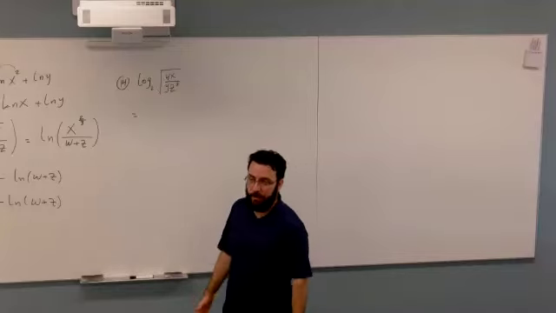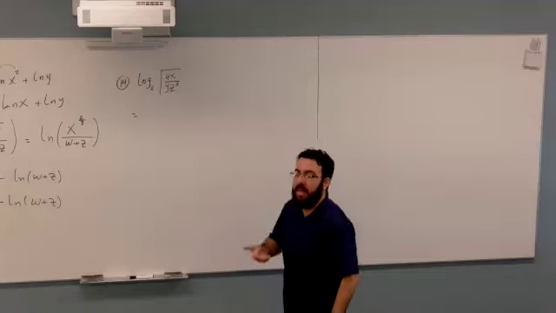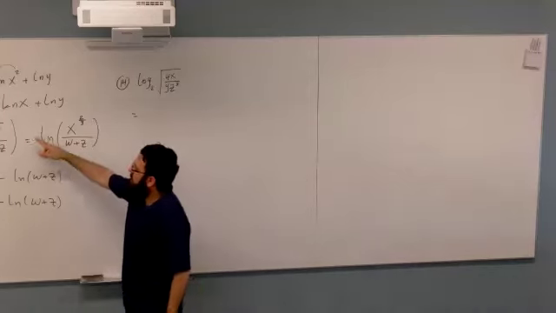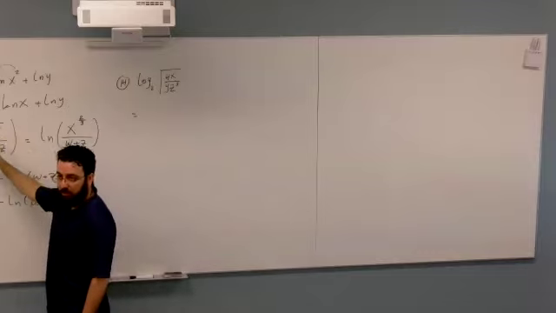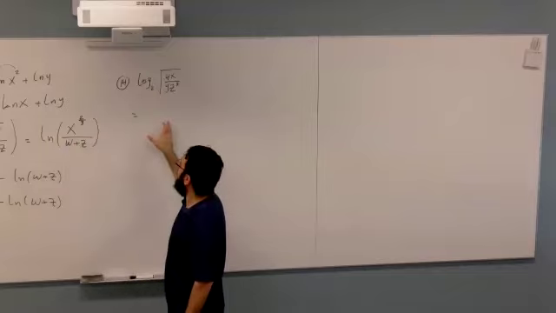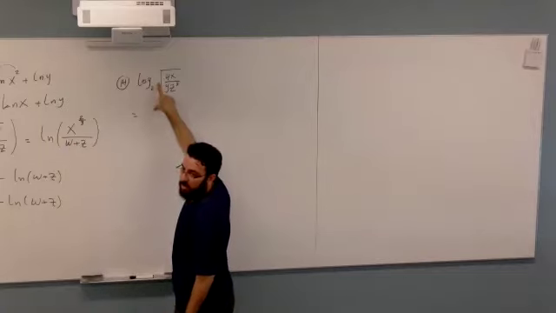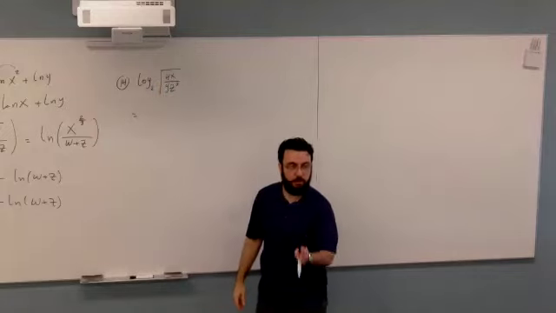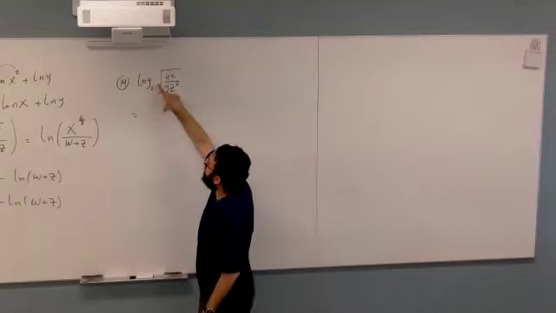With the rule, we don't have a root. So how am I going to move the root? Exactly what we did here. What you did on this part, you convert it to rational exponents. Can I do the same thing here? Now, what is the number here? 2, because it's a square root. There's no 1, it started from 2. So the square root is 2.